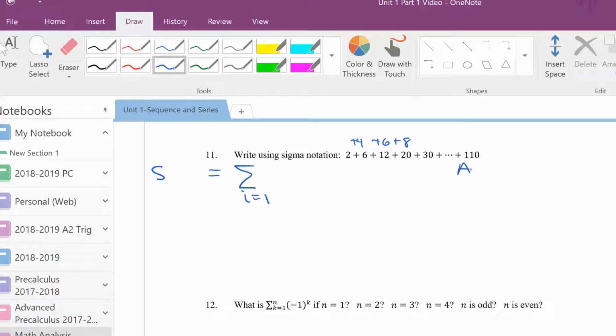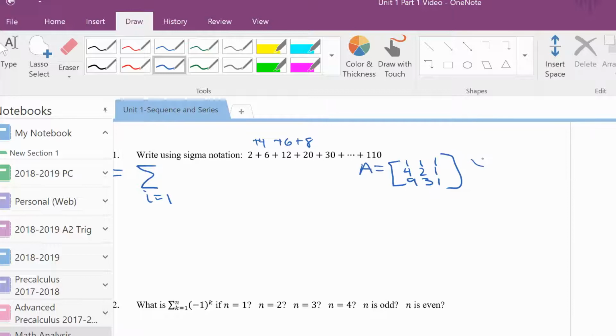So our A matrix, remember, is going to be 1, 1, 1, 4, 2, 1, 9, 3, 1. The X matrix, that is the variables a, b, and c, because our quadratic rule is a sub n equals an squared plus bn plus c.